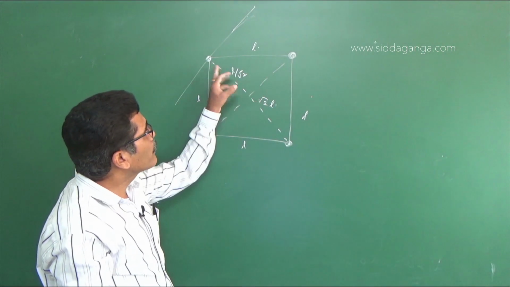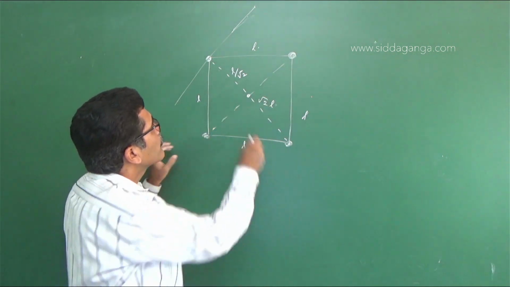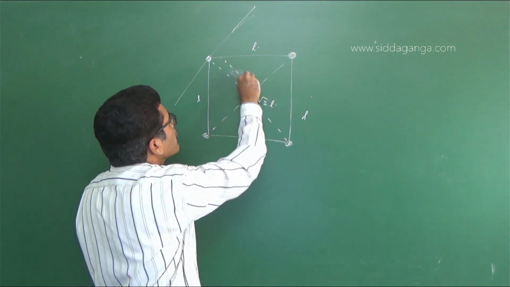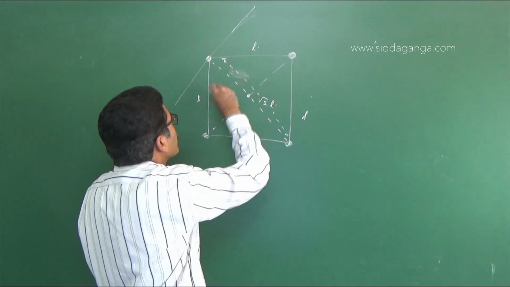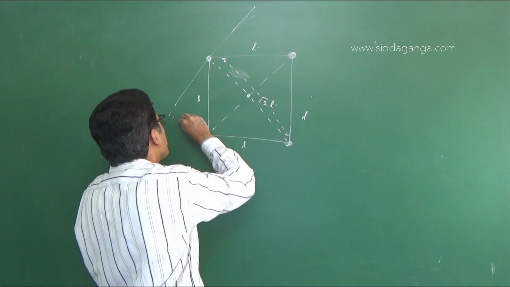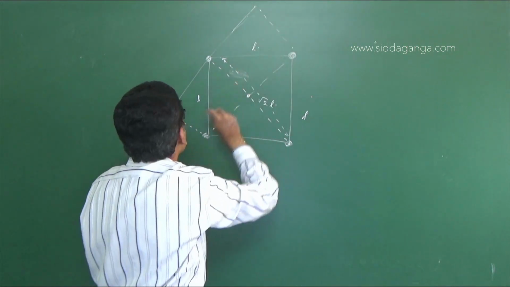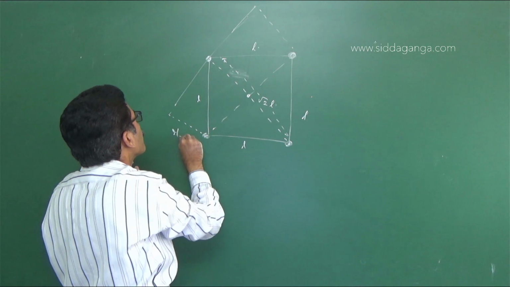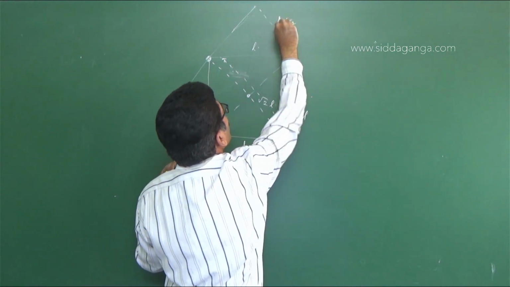Half of this diagonal, the diagonals bisect each other. Therefore, if this much is root 2 L, this part becomes equal to, or this part, they are equal. The perpendicular distance is L by root 2. This is also L by root 2.